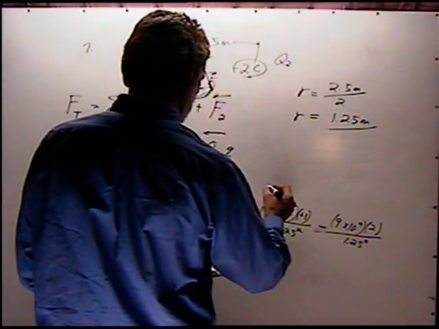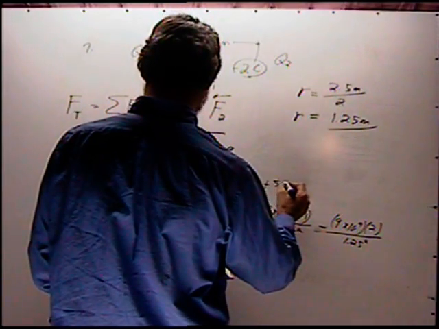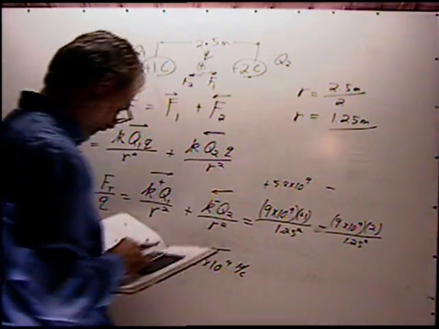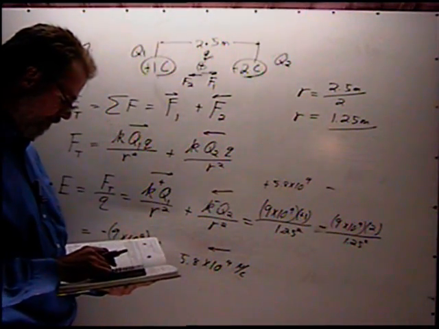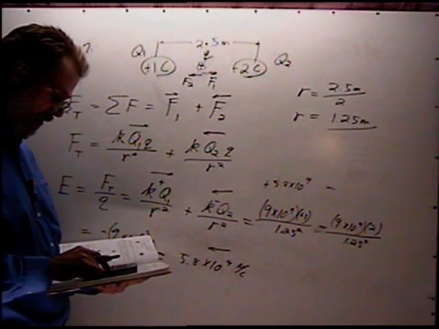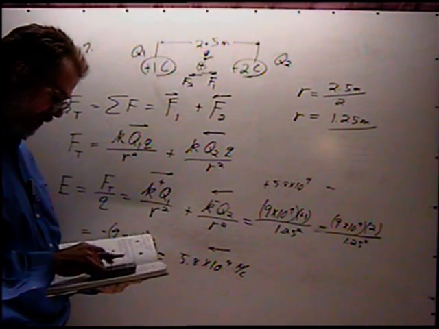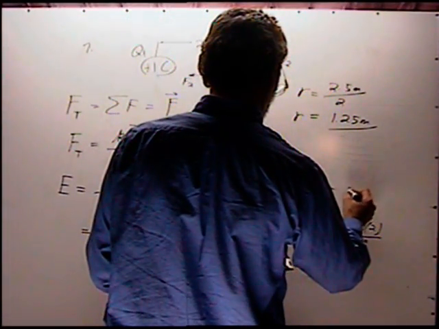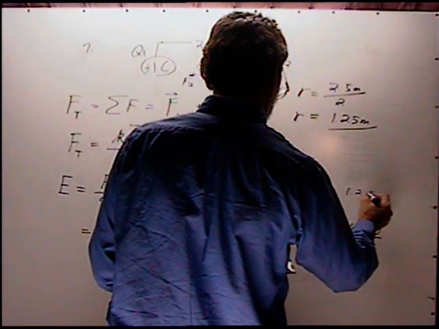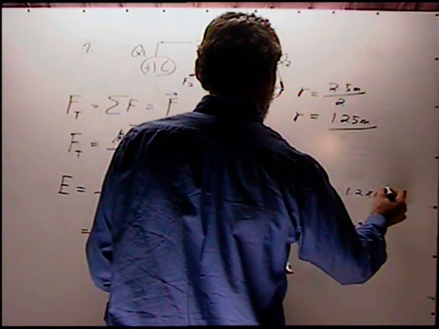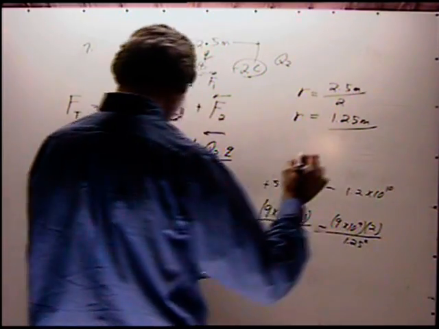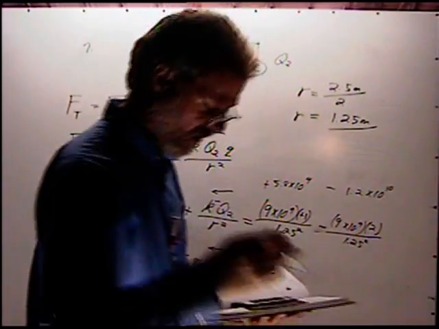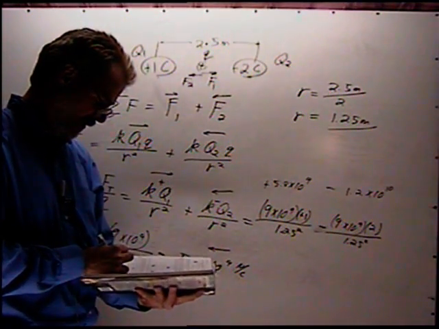I get this number as plus 5.8 times 10 to the 9th, and I would subtract from that 9 e to the 9th times 2 divided by 1.25, which is 1.2 times 10 to the 10th. Okay, I think I made an error over here.